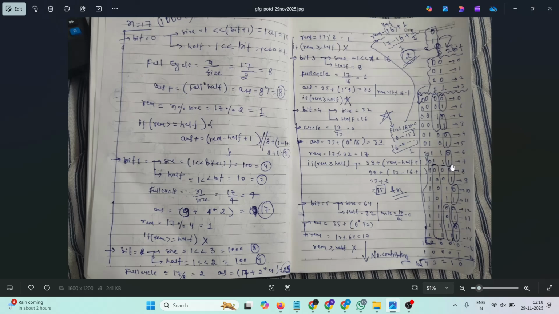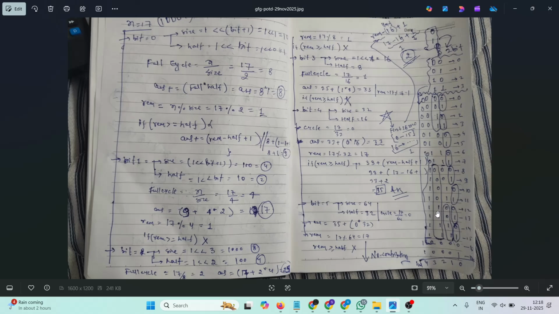Next, whatever numbers we got, up to 7, 1 1 1, will come with 0, and then with 1. So whatever numbers we get will now come with 0 then 1, in that way.